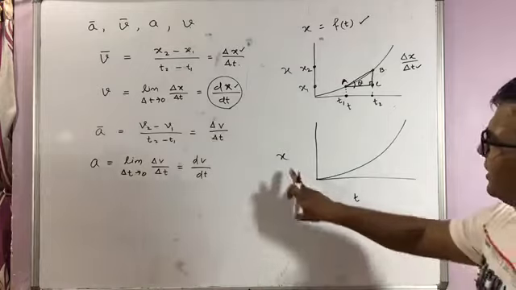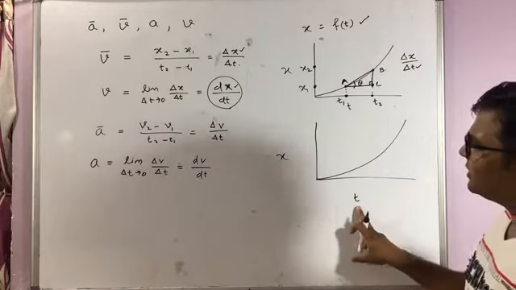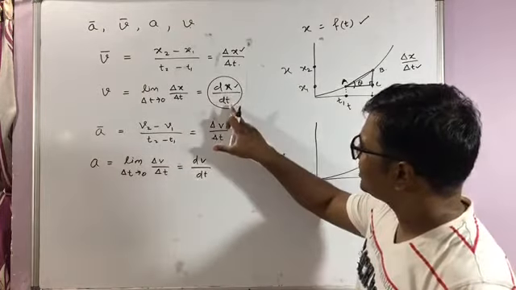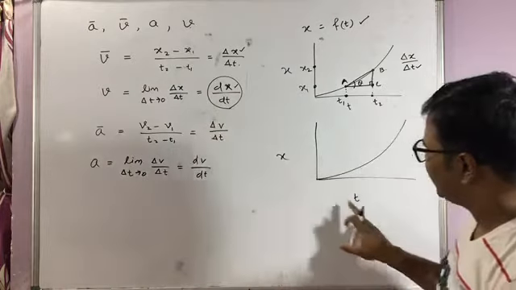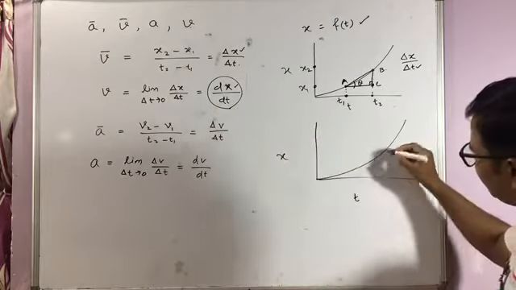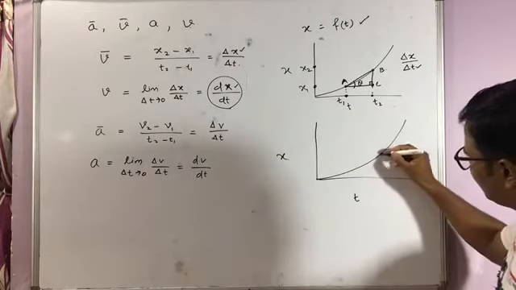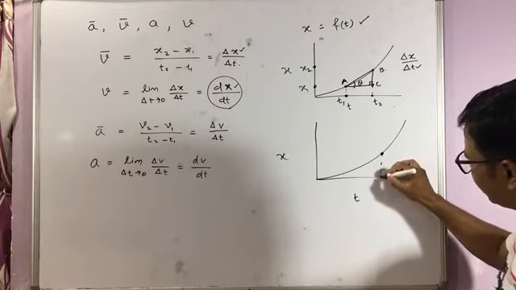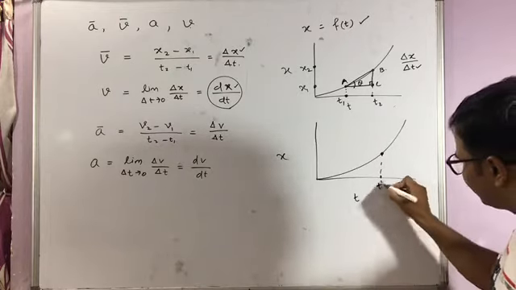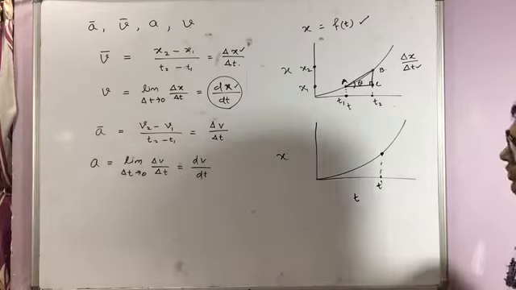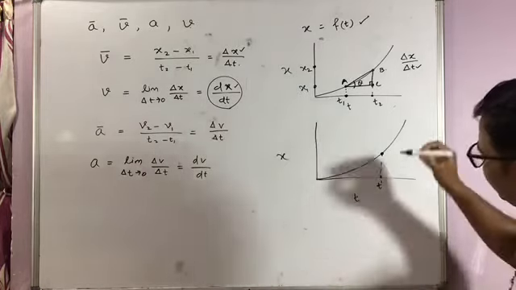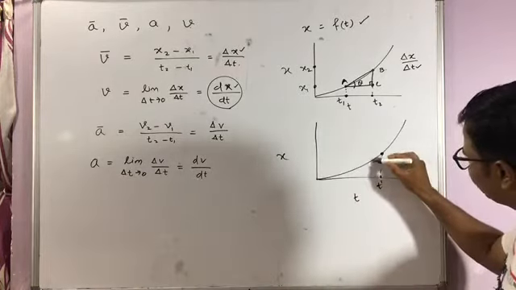So similarly, here x versus t graph is given. So it means the derivative of x with respect to time. If you plot the x and t graph, at a particular point if someone asks you, let's say at this instant t1 or t dash, what is the value of the velocity? Then what you need to do, exactly at that point you draw a tangent to the curve.